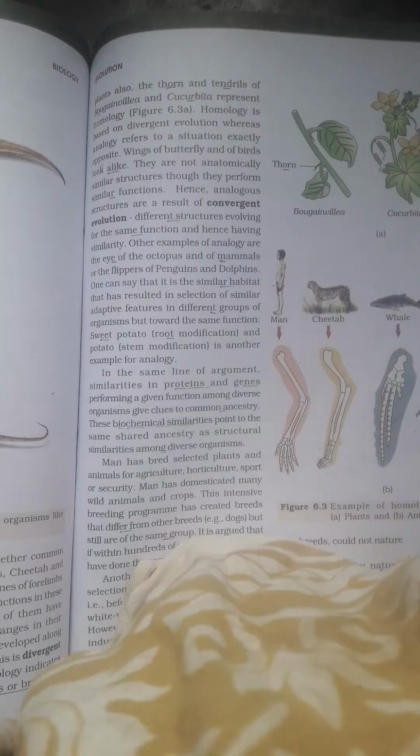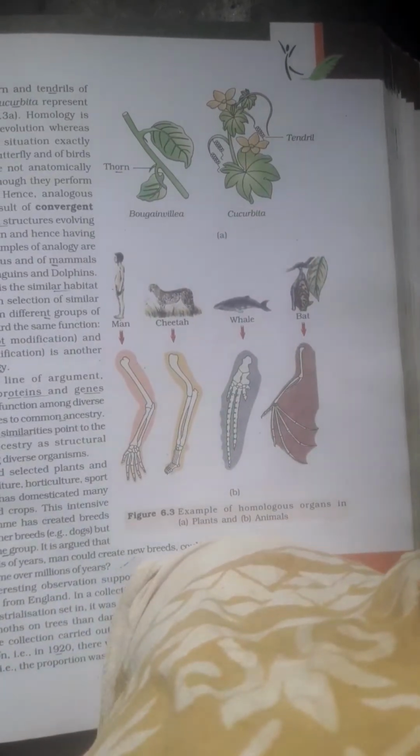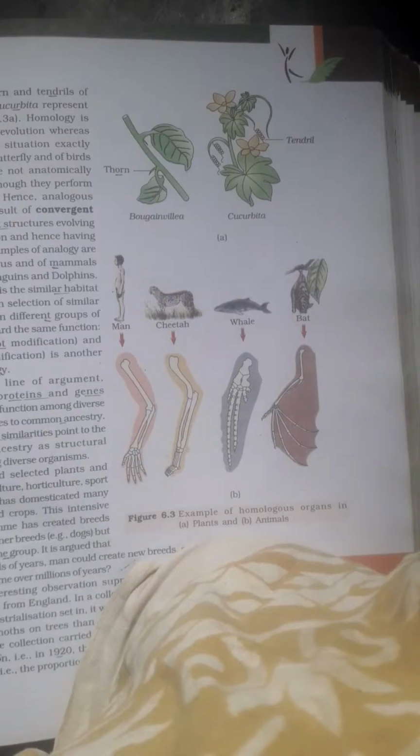It means they evolve from the same structure, the axillary bud, but they perform different functions due to their different adaptation and needs. So this is the divergent evolution. See the diagram: example of homologous organs in plants, thorns of bougainvillea and tendril of cucurbita.